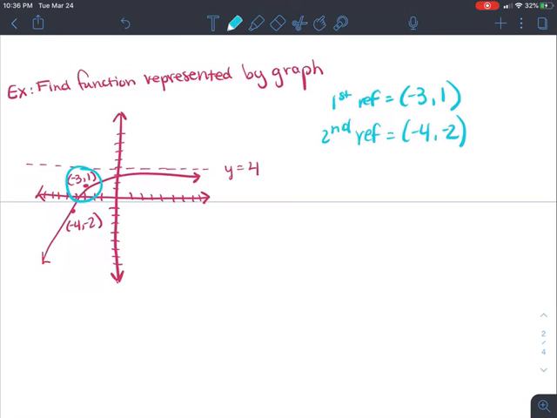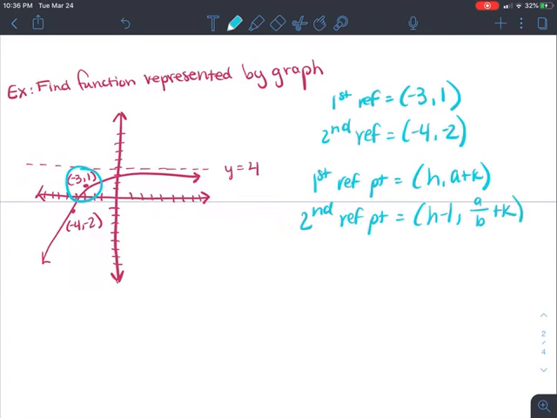I know that my first reference point is equal to (h, a plus k), and my second reference point is equal to (h minus 1, a over b plus k). Right away I can find that my value of h is negative 3, since that is my value.